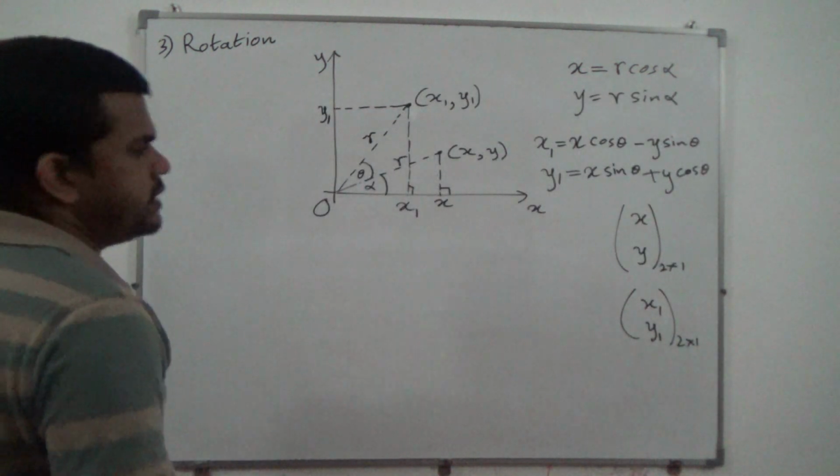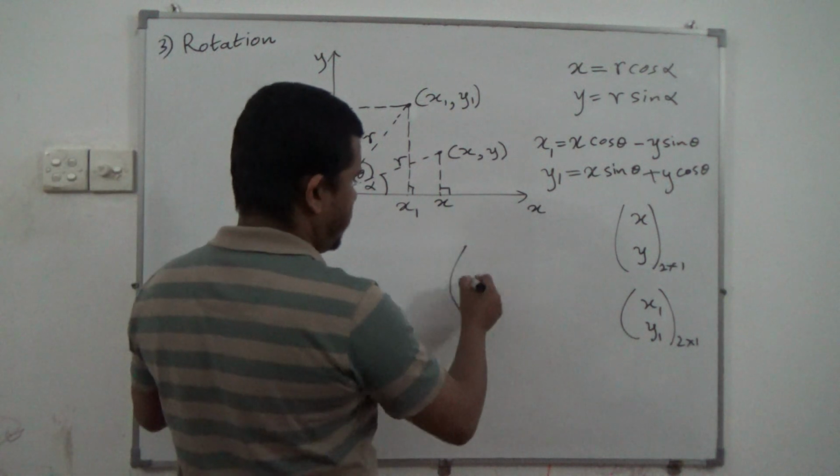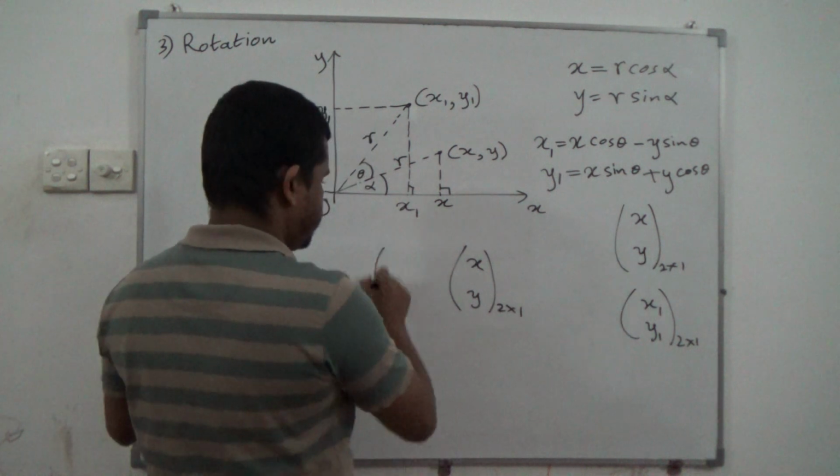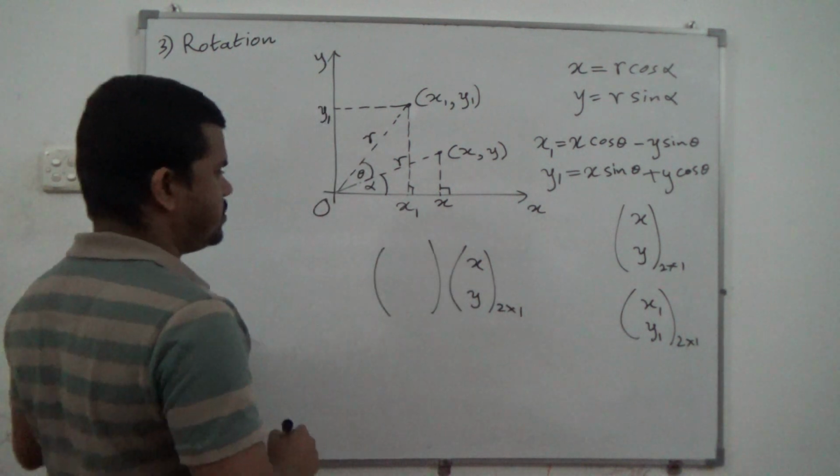So now here we have x y, 2 cross 1. We have to find the matrix here.